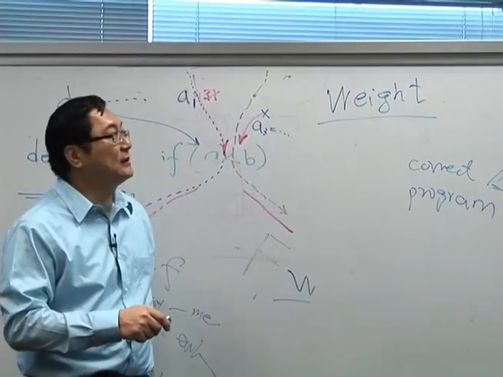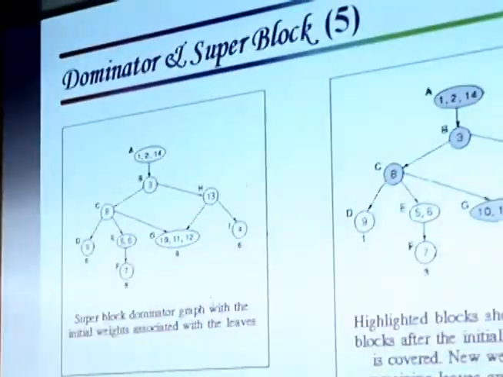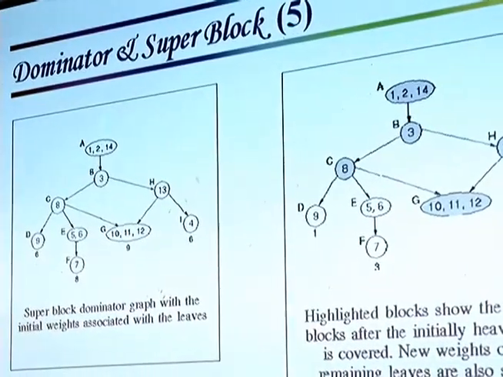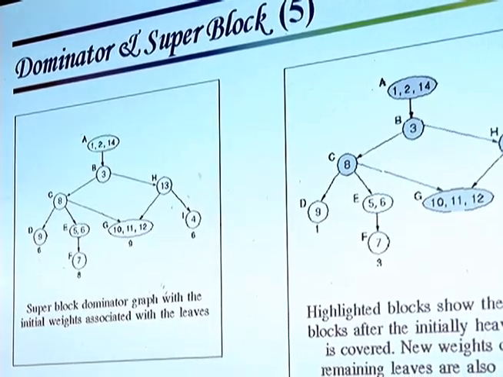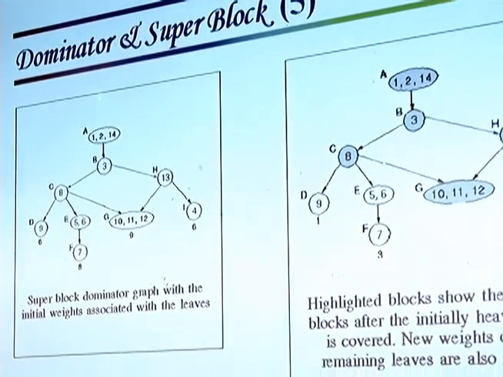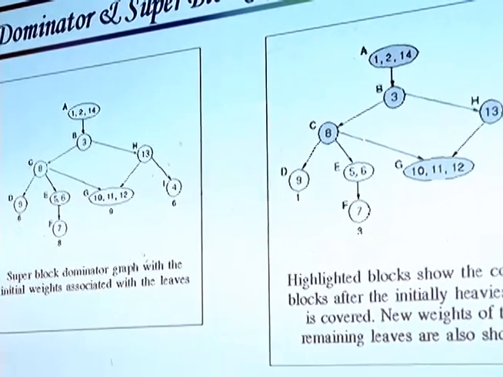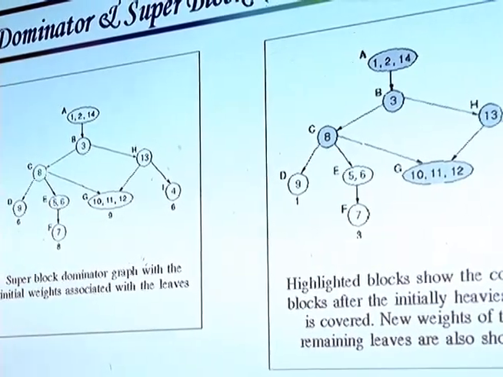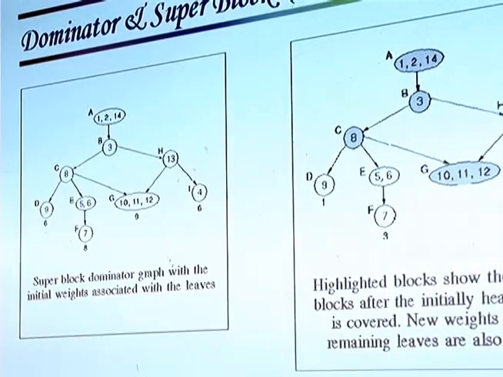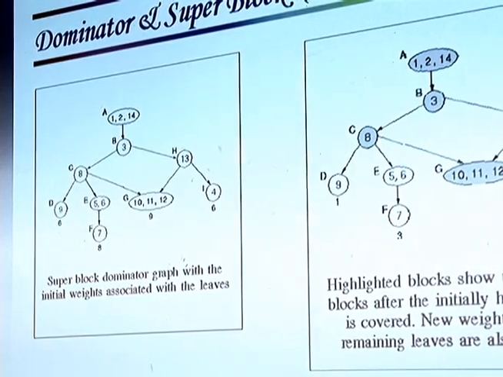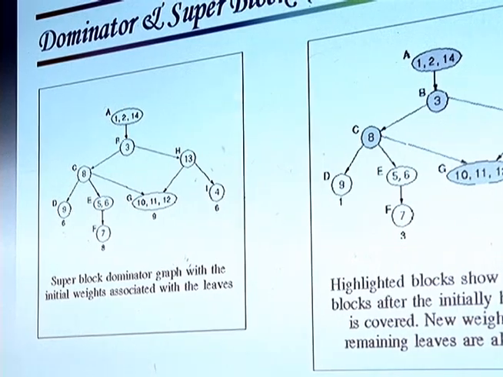Why do I have a value of 6 here? Because execution comes from the beginning, goes through A, which has 3, goes to B, which has 1, so 4, goes to C, which has another one, so 5, and then 6. So if I cover number 9, this will be guaranteed to be covered.